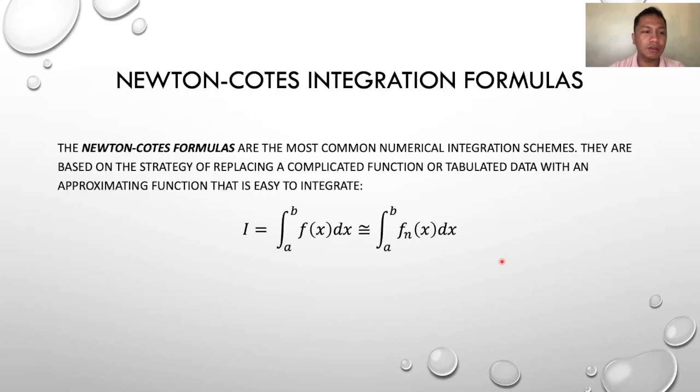To begin, the Newton-Cotes formulas are the most common numerical integration schemes. They are based on the strategy of replacing a complicated function or tabulated data with an approximating function that is easy to integrate. This is the general form, where f sub n of x is a polynomial form, and n is the order of the polynomial.